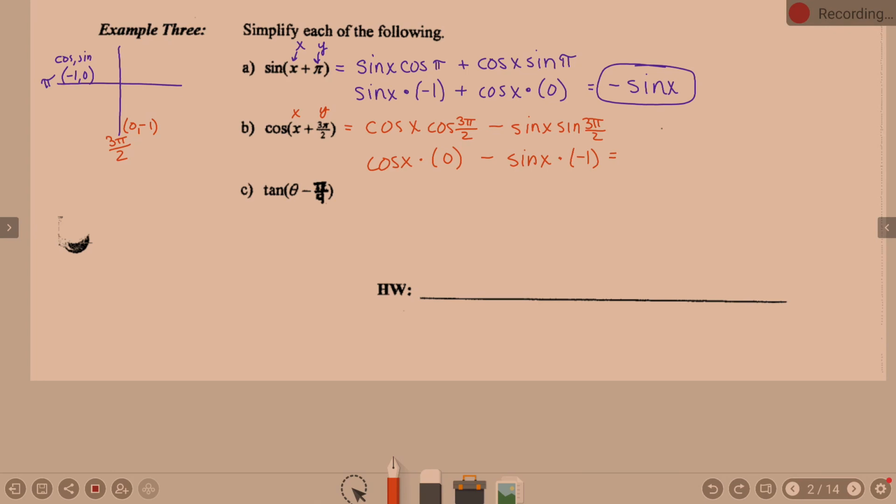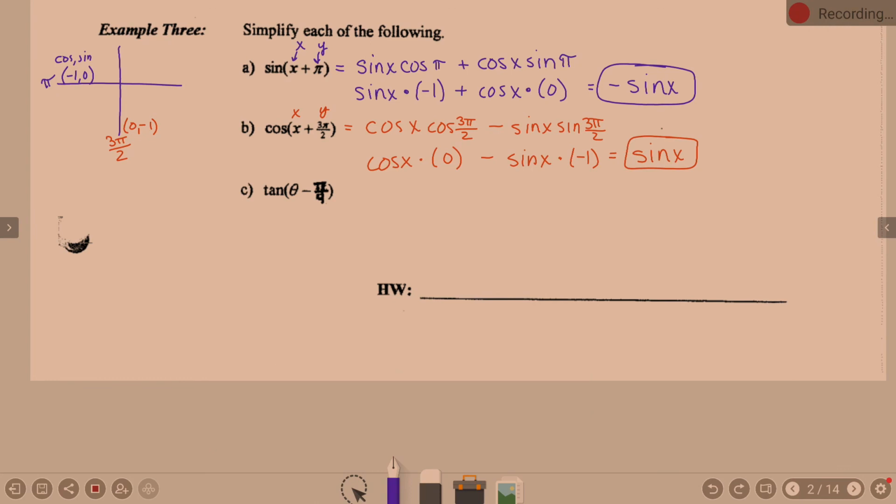What's my answer end up this time? Sine of x. I think you got hung up on the fact that it becomes positive there, right? So a minus sine x times a -1 is going to become a positive sine x.